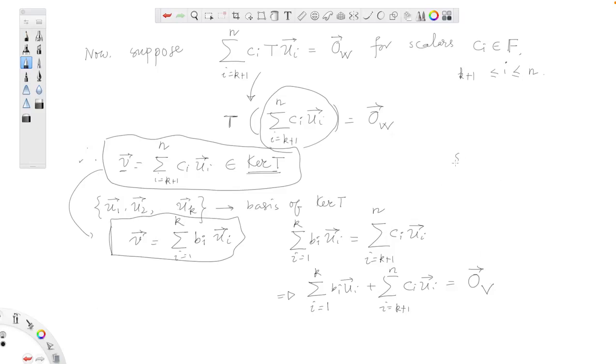Now we know that this is a basis of the vector space V, right?